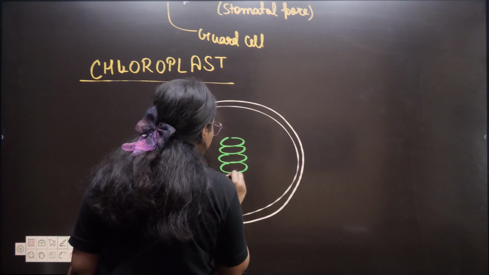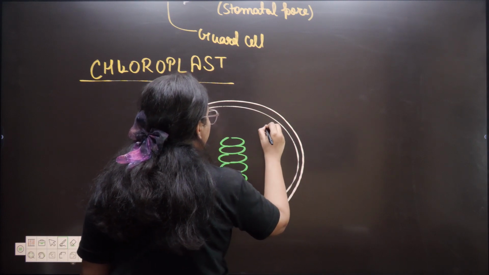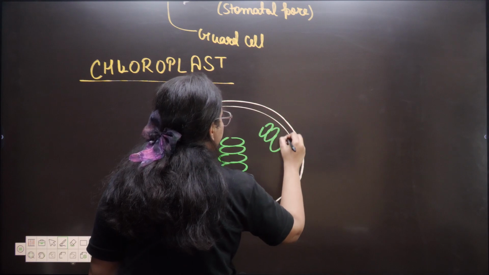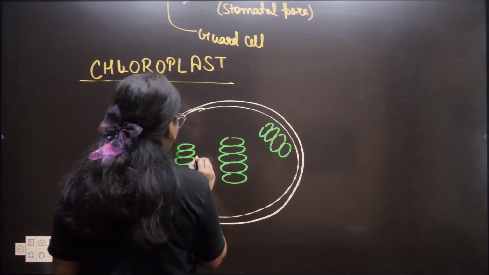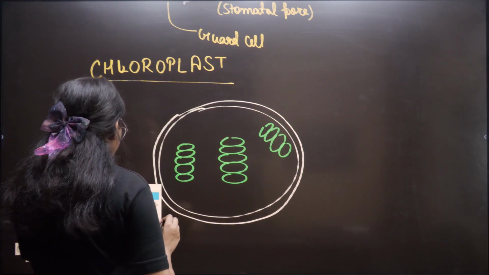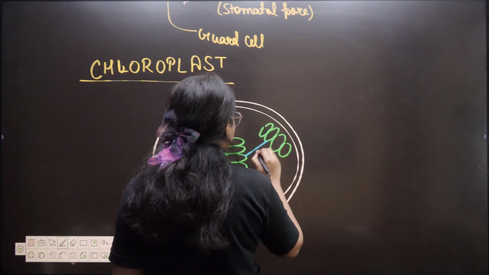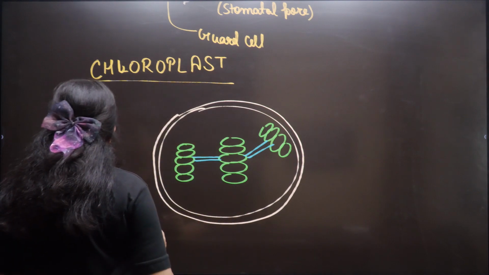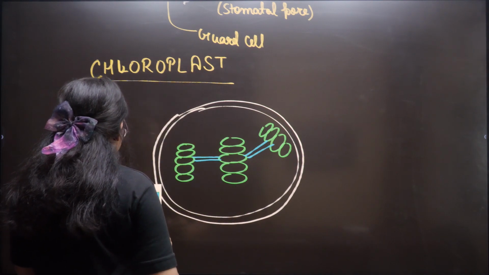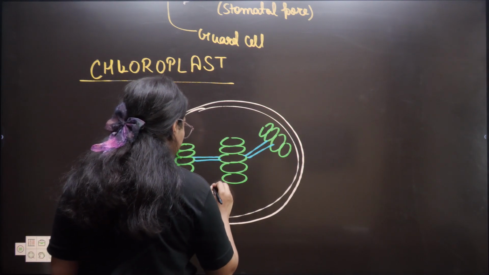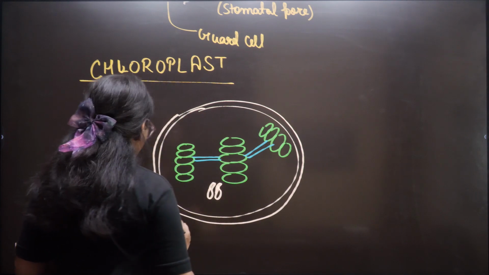Okay, this way one more. You can draw as many as you want. Okay, so this is one. And then we have attachments, which are called frets. Okay, this way attachment, and it will have DNA also.